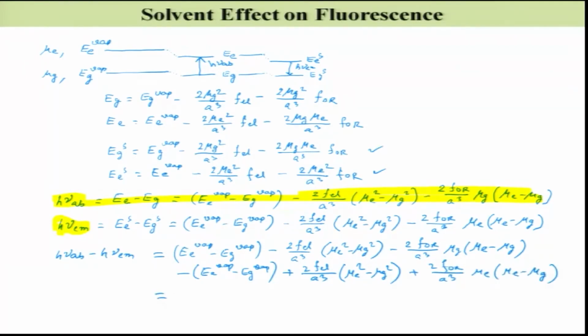So, these terms will cancel out, and we will end up with twice F_OR by a cube, right.